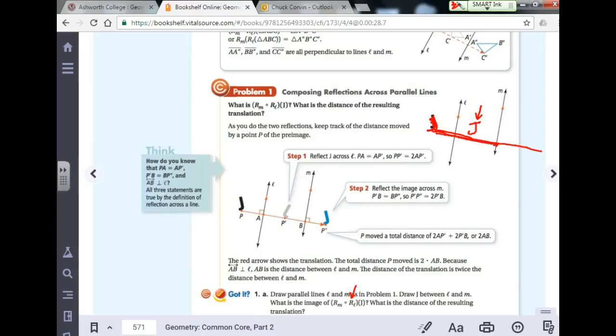So from here to here, it's got to be from here to way over here. That J would be this way if it got reflected. And then if it gets reflected again, it's going to go back to looking like the original J.